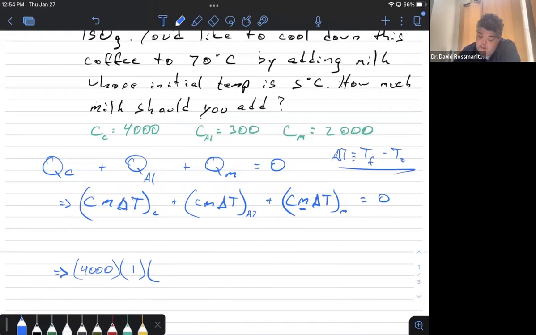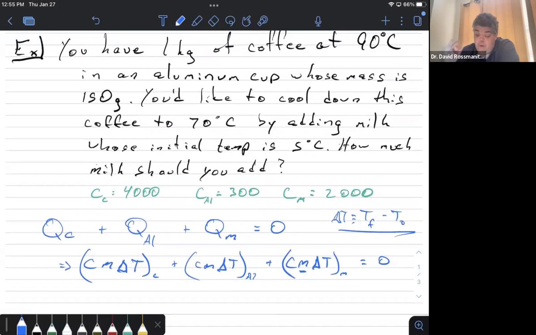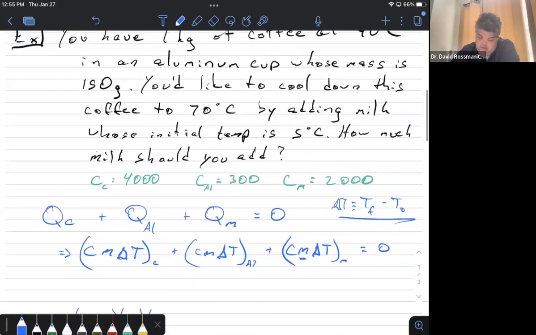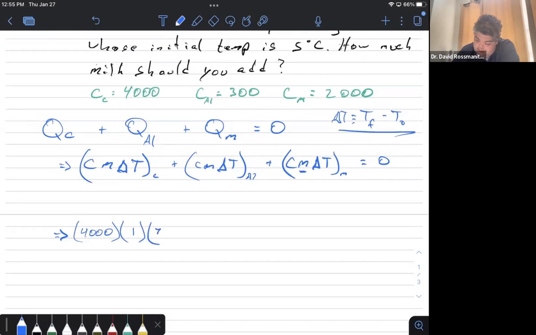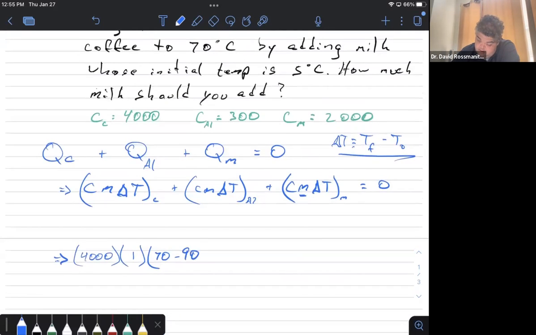Okay, so what will be the final temperature of my coffee? Well, the point of the question is the coffee starts at 90 and I want to force it to get to 70. So the final temperature better be 70. So 70 degrees Celsius is my final temperature minus the initial temperature. I'm told I start at 90. So 90. So there's everything for the coffee.